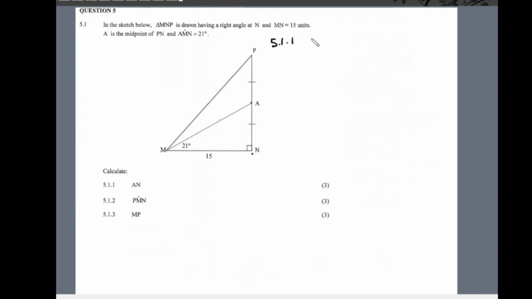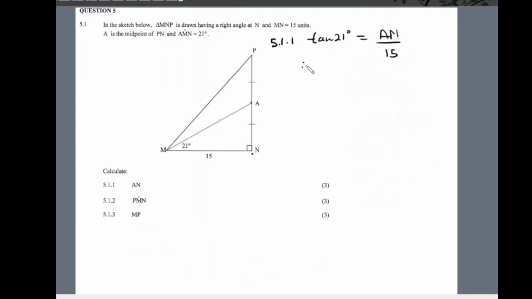So if you say tan of 21 degrees, we know tan is opposite over adjacent. So AN divided by 15, because tan is opposite over adjacent.